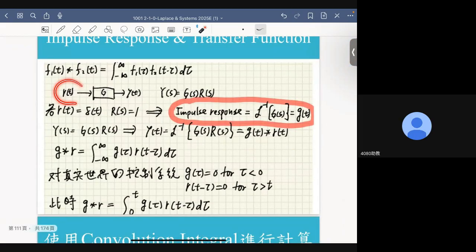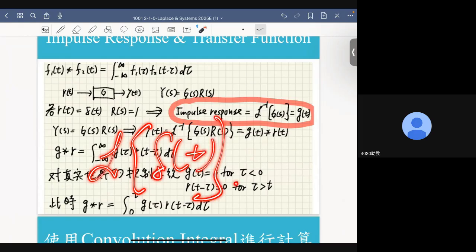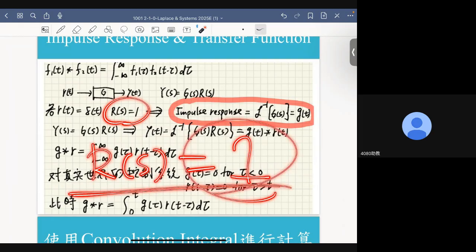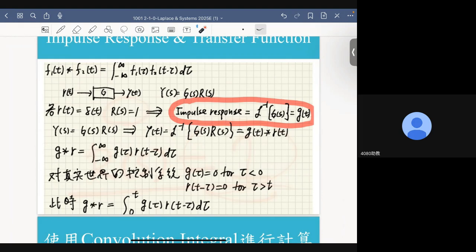Let's assume r(t) to be an impulse function. And remember that if you take the Laplace transform of the impulse function, the resulting Laplace transform will be 1. Okay? This is actually a magnificent result.